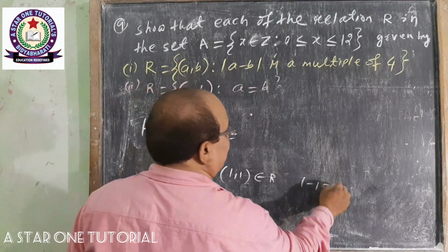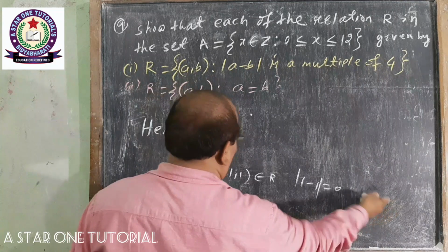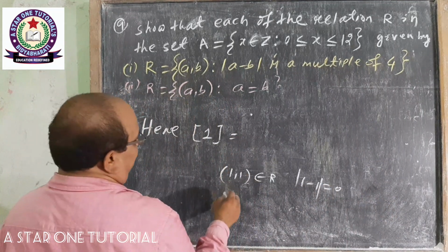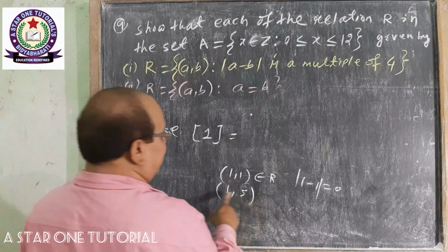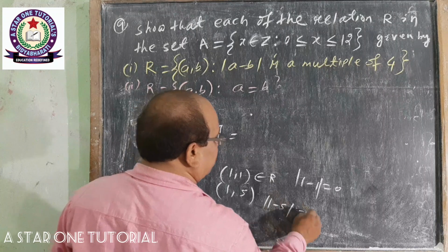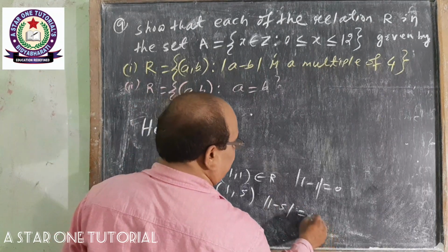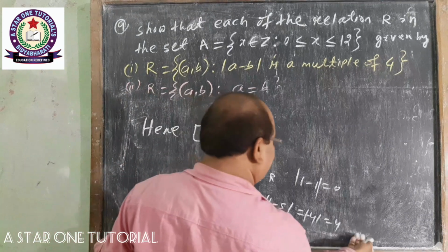Because 1 minus 1 is equal to 0. So mod of 1 minus 1 is 0, which is a multiple of 4. If I take suppose 1 and 5, then what is the difference between 1 and 5? 1 minus 5 is equal to minus 4, and modulus is positive, so 4 is a multiple of 4.